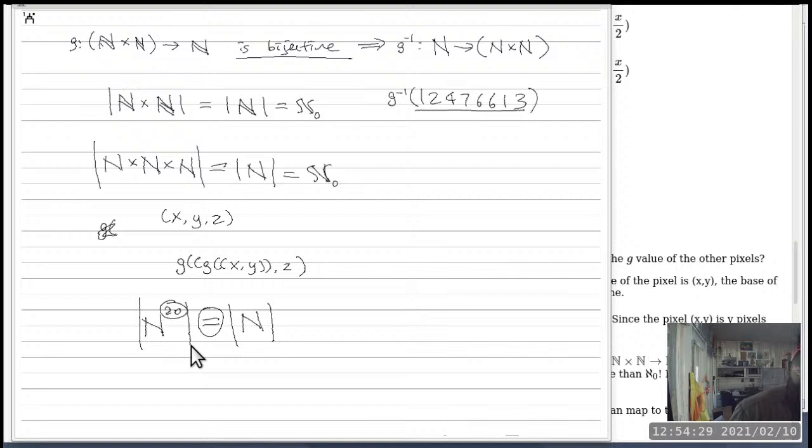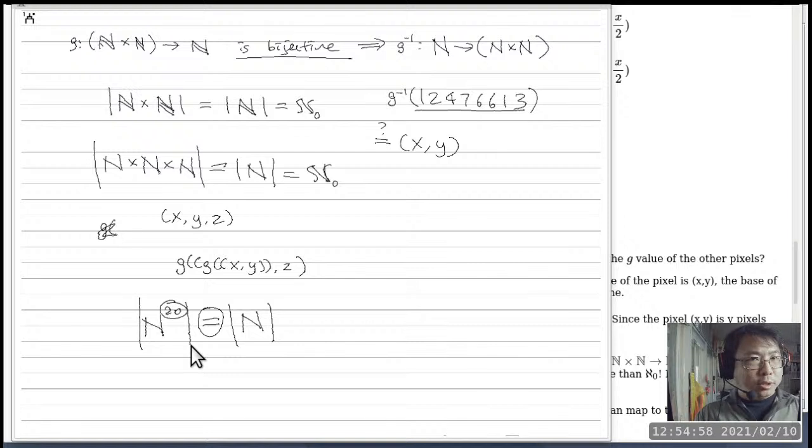Now I want to figure out which pixel gives us that particular natural number. That's the job of g inverse. You give it a single natural number, and it will find out which pixel will be assigned that particular natural number.